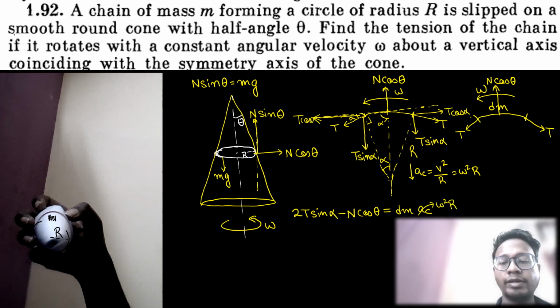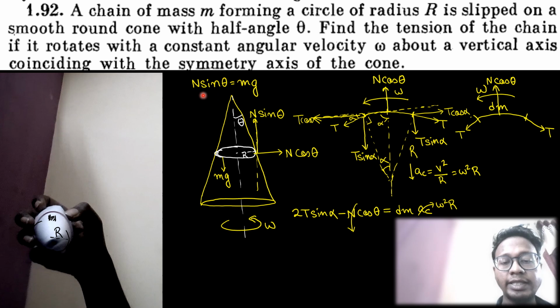Now see, what is this N? This normal reaction force, this N, is nothing but, see, for this elemental ring, this N sine theta will only balance out the elemental mass of the ring.